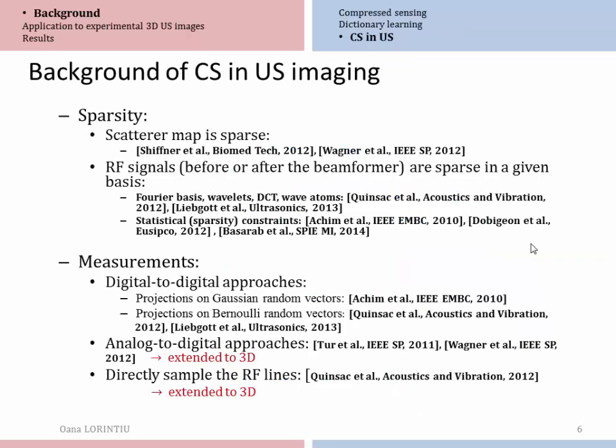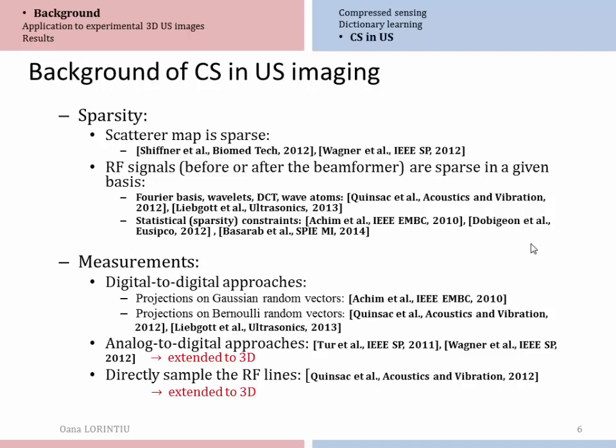So compressed sensing, however, has already been applied to ultrasound imaging. From a sparsity point of view, some authors consider that the scatter map was sparse, and others consider that the radio frequency signals are sparse, either the raw RF signals or after beamforming, so the beamformed RF signals. These hypotheses were made in fixed sparsifying bases.